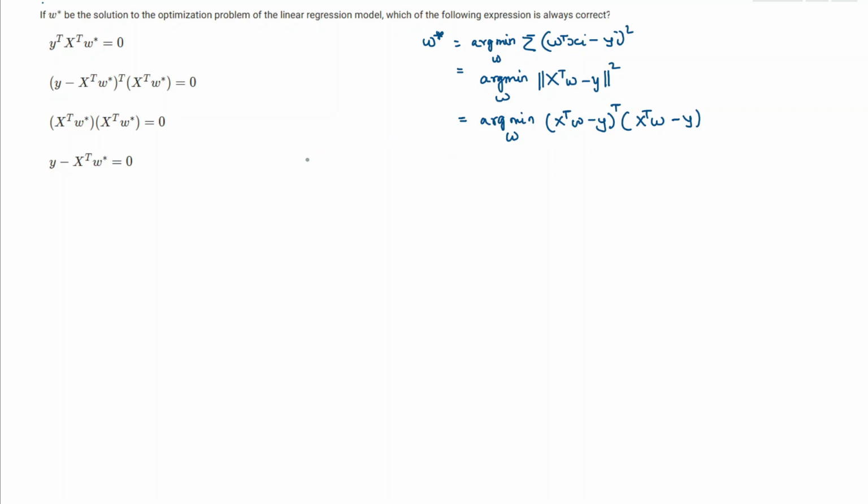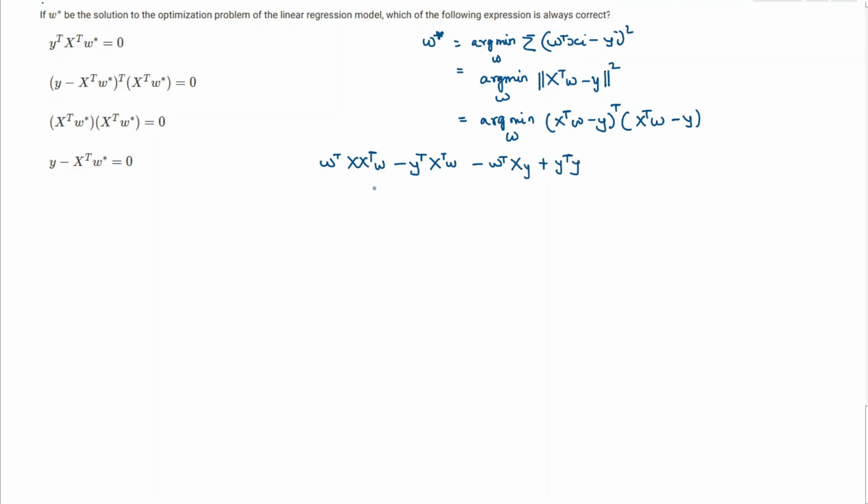So if I expand this term, I would get W transpose x x transpose W, and then a minus y transpose x transpose W, and then a minus of W transpose x y, and then plus y transpose y.